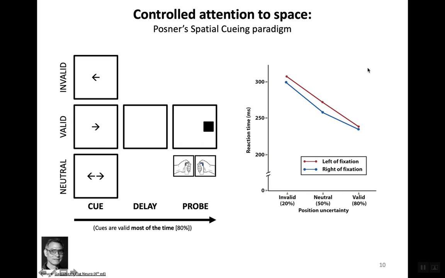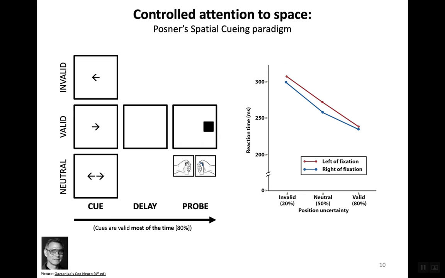So we see here, for instance, that when the cue is valid, it takes participants less than 250 milliseconds to press a button correctly. While if the cue is invalid, it may take them about 300 milliseconds to make a button press correctly in response to the incorrectly or the invalidly cued target.